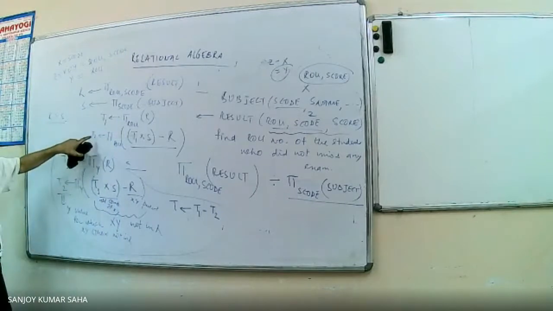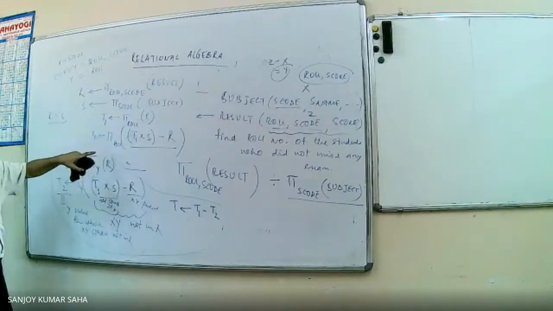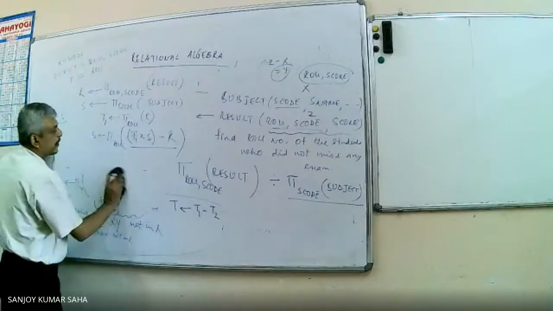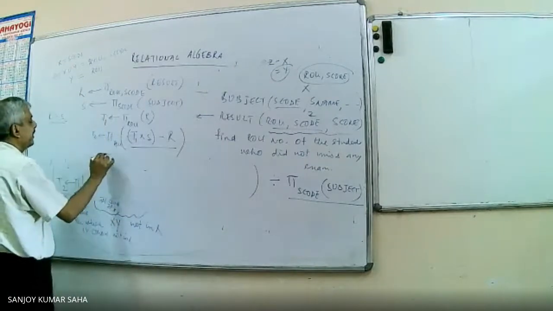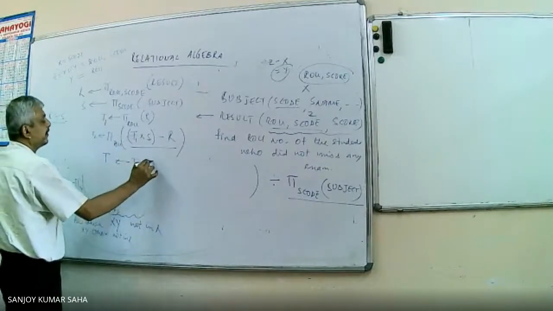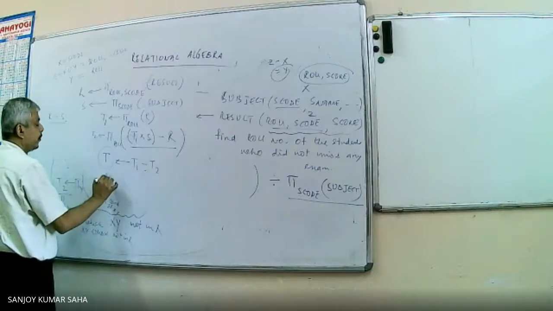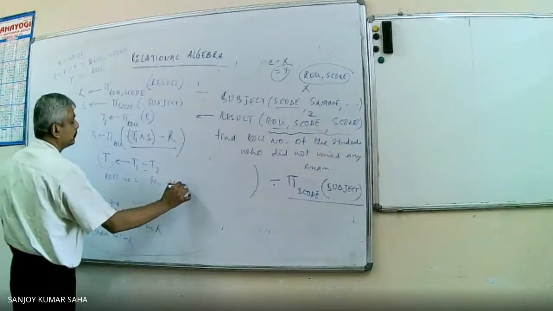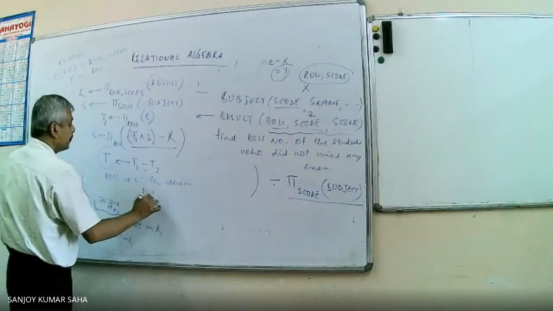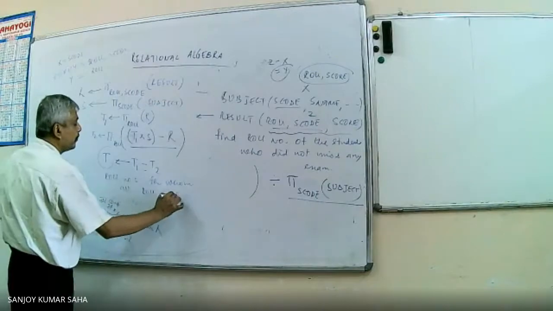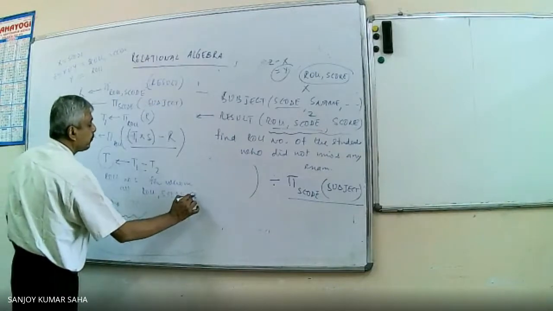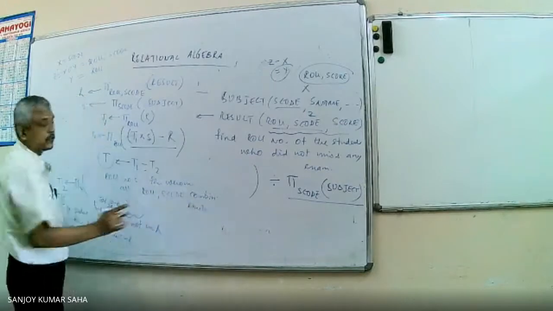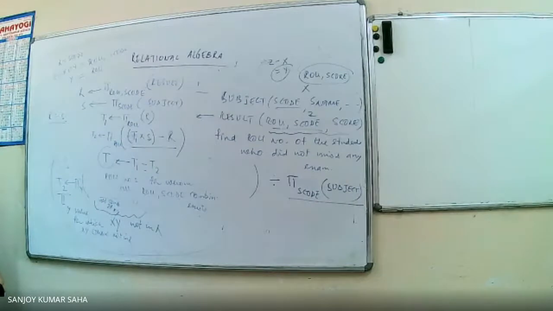So these are the roll numbers for which all possible combinations with subject are not present. And these are the total set of roll numbers. So finally, if we do this, these will give us roll numbers for whom all roll, S code combinations exist. So that is the division operation. Right?